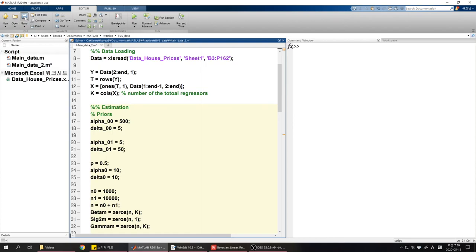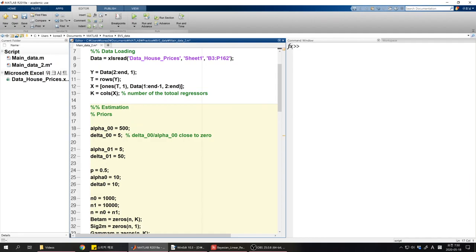Because delta 0,0 divided by alpha 0,0 should be close to 0, we choose these hyperparameters so that the prior mean of B0 is close to 0.